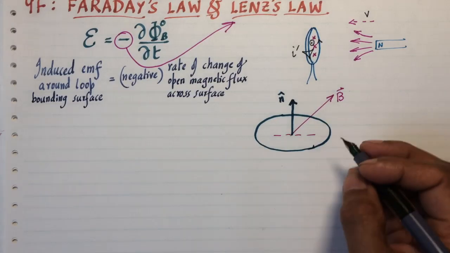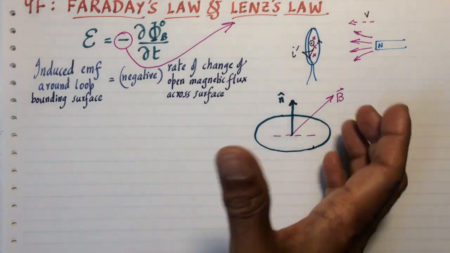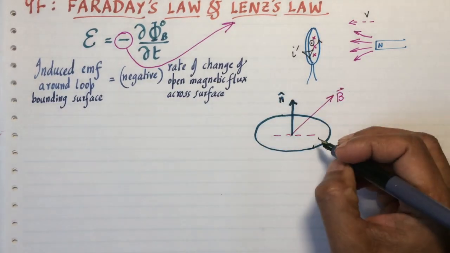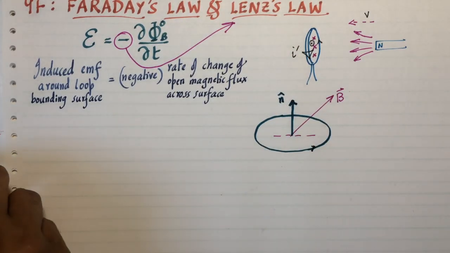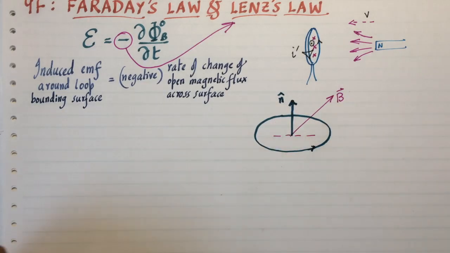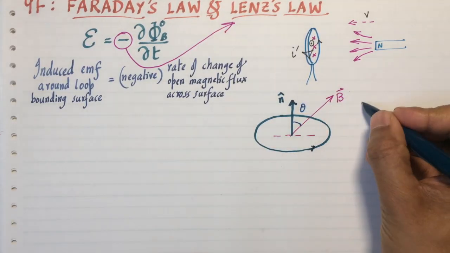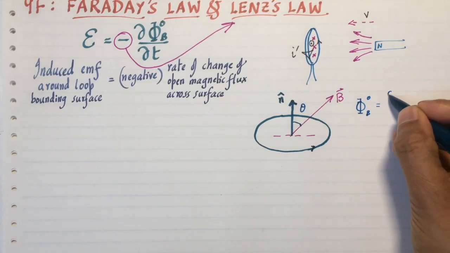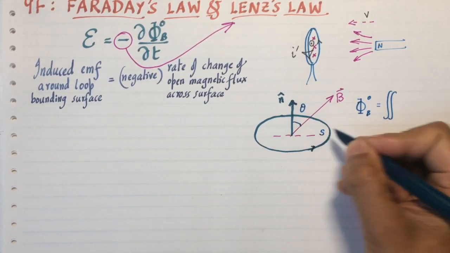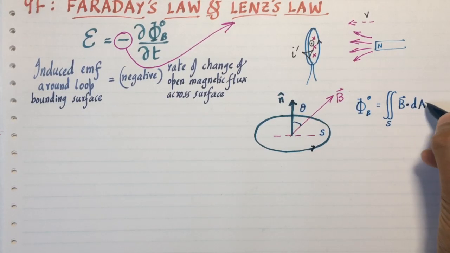So we're going to think of that as an area vector and use a right hand rule of this type. If this is some imaginary direction of travel, then that will be the loop direction. So the area vector will make a certain angle with the B vector, let's call that theta. The open flux, phi B open, is just the double integral over the surface S of B dotted with the area vector, dA.